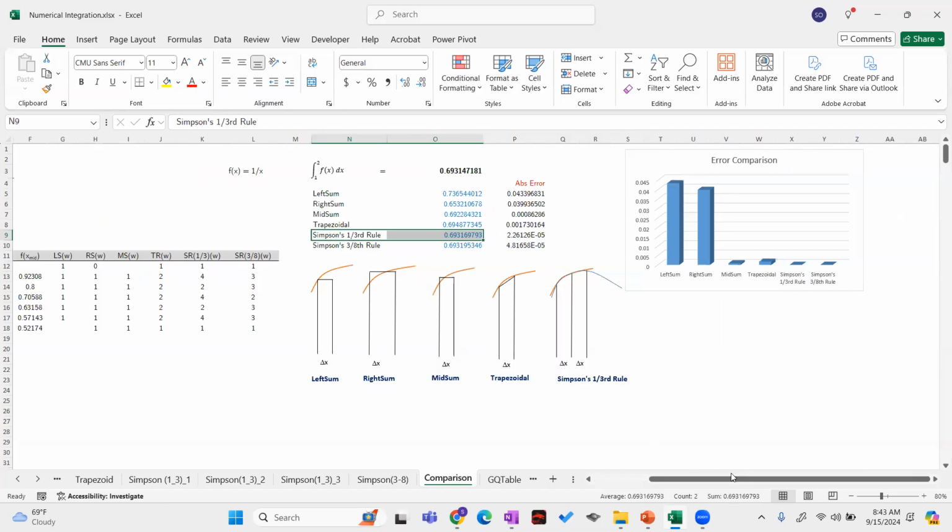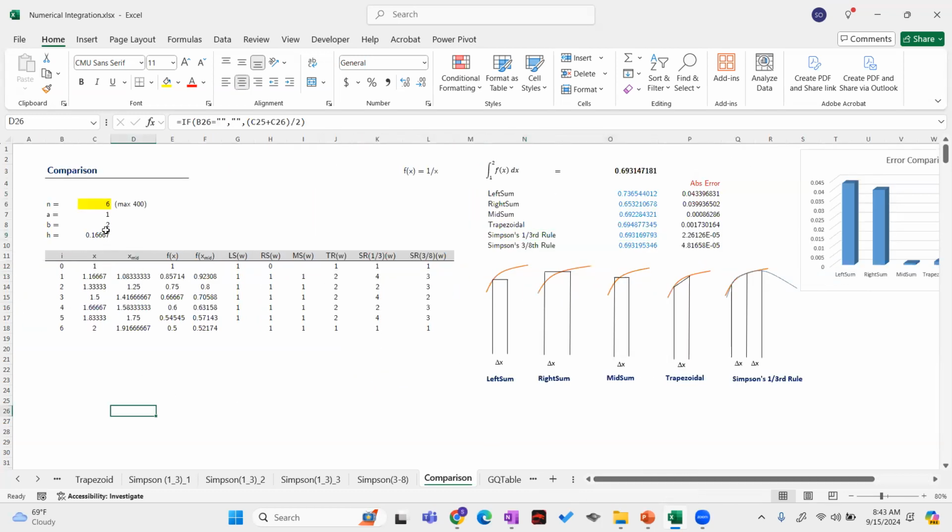Here is a little bar chart to show you the error comparison. I can increase n. By the way, you should not use different values of n other than what is mandated by the scheme. So I can probably use, let's say, 12.